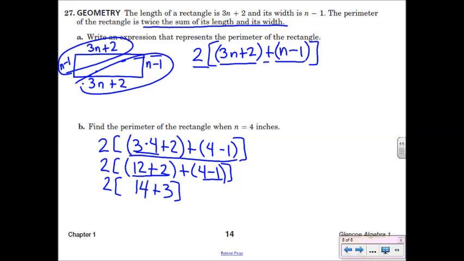And then my square brackets are my parentheses now, so I'm going to take care of 14 plus 3, which is 17, and the last step is 2 times 17 is 34. And since this is a word problem, I know that there must be units to go along with it, so I look back and I see that the units are inches. So the perimeter is going to be 34 inches.